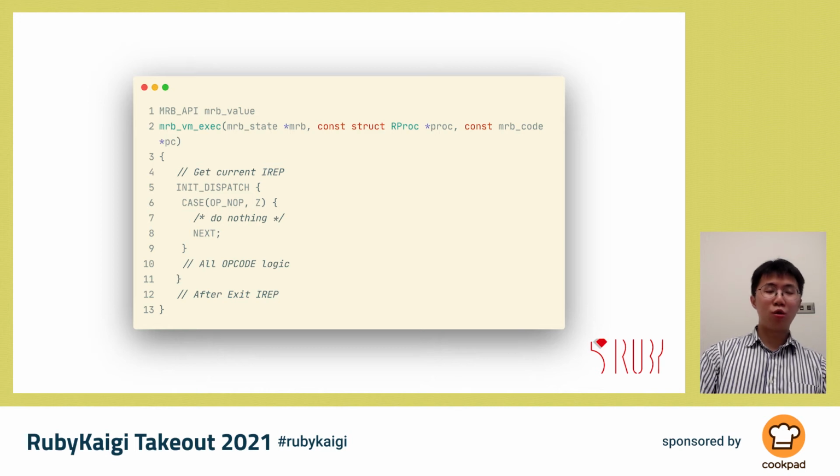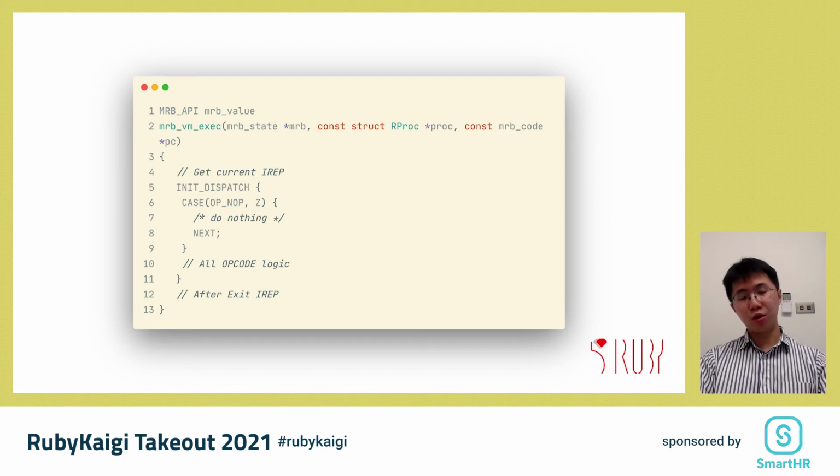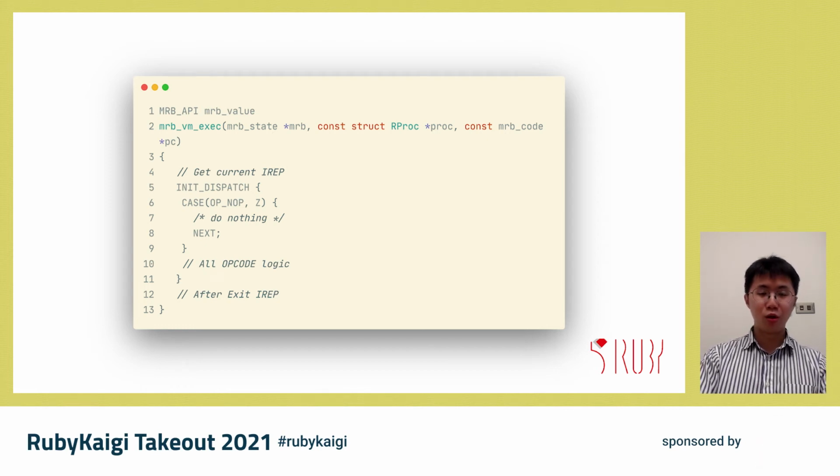If you try to read the mruby source code, you may find an mrb_vm_exec method, and this method uses some macros to define it, but the main part is a loop, and this loop will read the opcode, and inside this loop we have a large condition to check each opcode and find the method to run for this opcode, and we will execute it to do something.